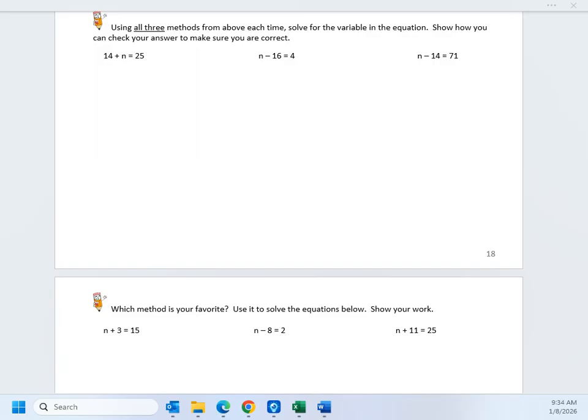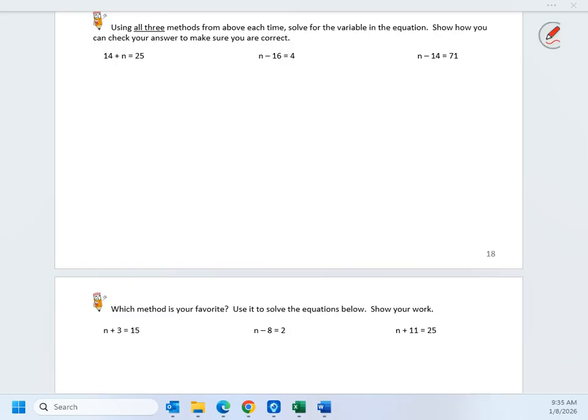But together, we're going to do all 3 methods. So I want us all on this first page practicing all 3, especially the opposite operations, because the more we do it, the more it's going to click for us. And I know what's coming up. I know that we need to understand it. So we need to practice it.